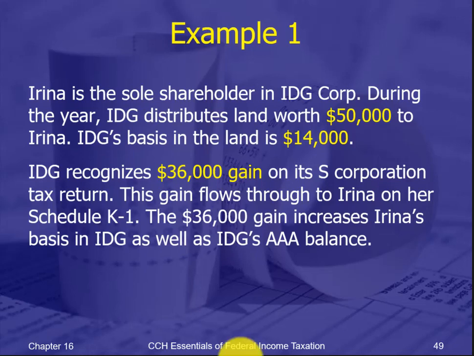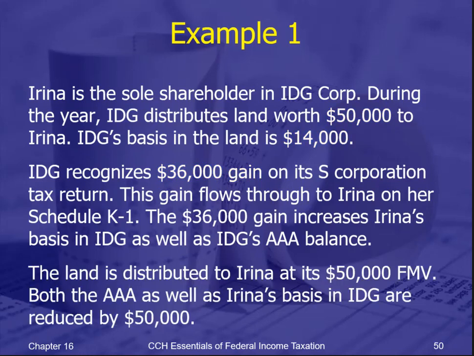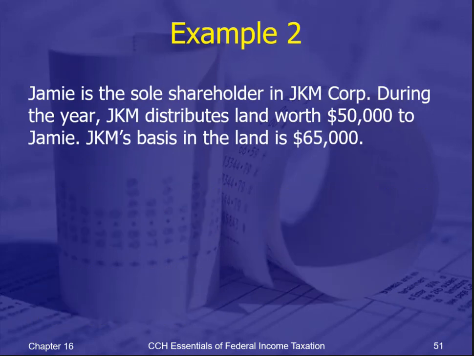That increases her basis in IDG and the AAA balance. $50,000 is the fair market value. That then is the amount of the distribution. The AAA goes down by 50,000 and her basis goes down by 50,000, and the 50,000 becomes her basis in that property that was distributed.